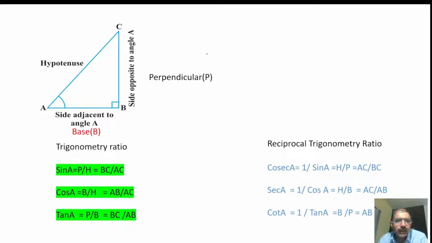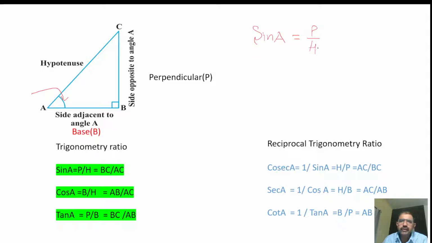So now we will move to trigonometric ratios. First we find these corresponding to the acute angle A. I will place here sin A. What is the mathematical formula for sin A? Sin A is basically perpendicular upon hypotenuse.